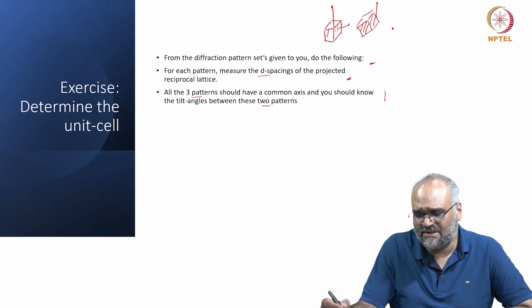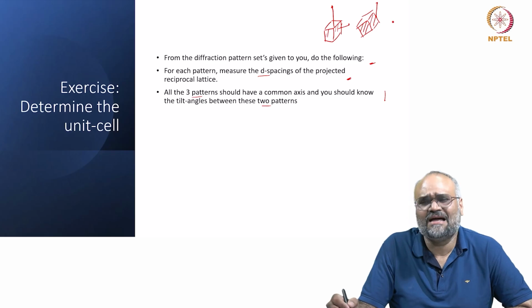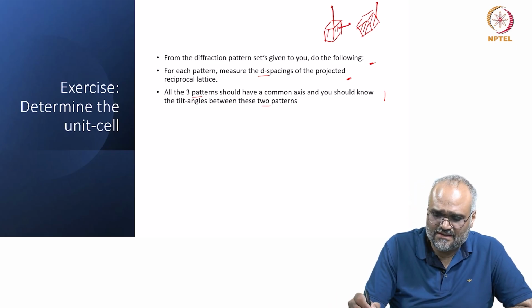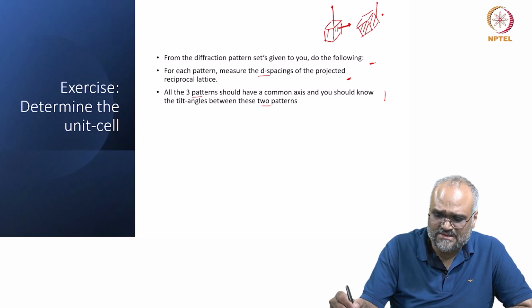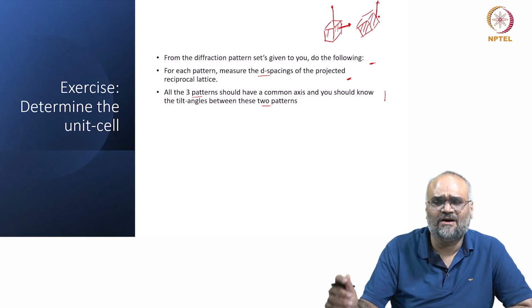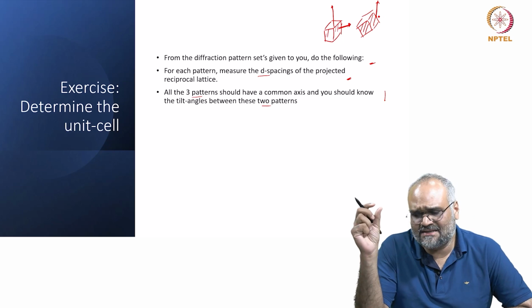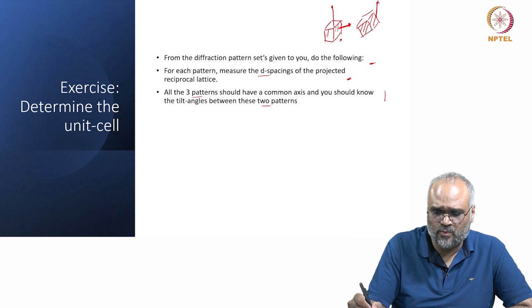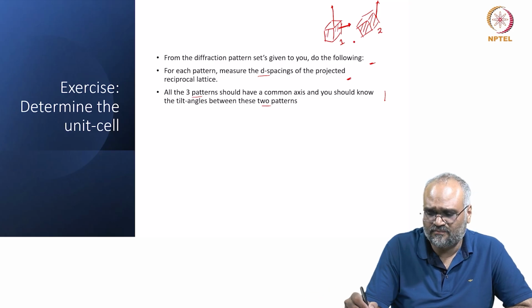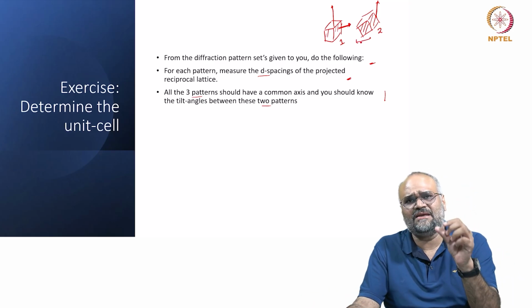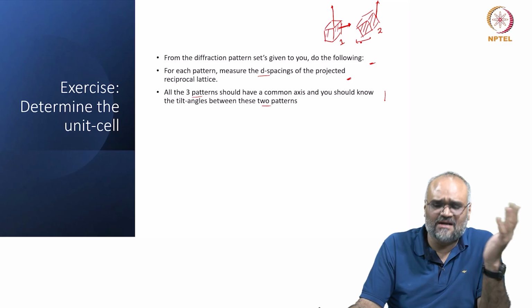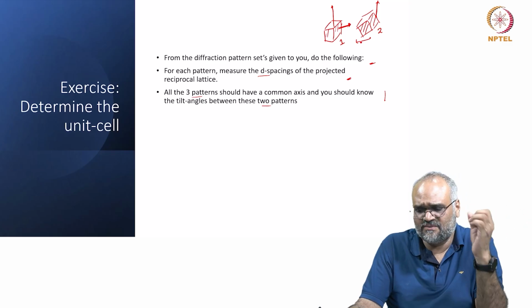And when this happens, those planes would also have a new plane normal. So essentially from the difference between this set of planes and the new set of planes which are satisfying my Bragg's law, the angle of tilt that I have to go from, let us say, diffraction pattern set 1 to diffraction pattern set 2 can actually physically be measured from the x tilt and y tilt or alpha tilt and beta tilt I have from the microscope.